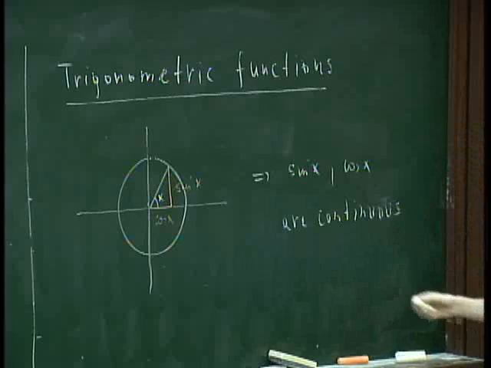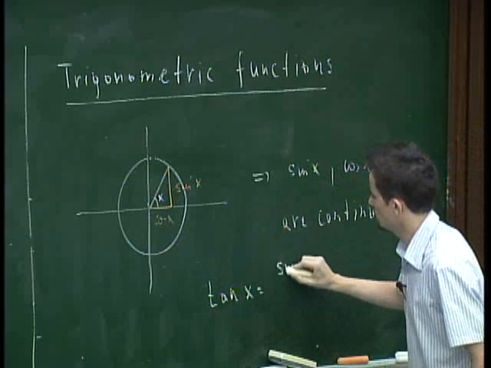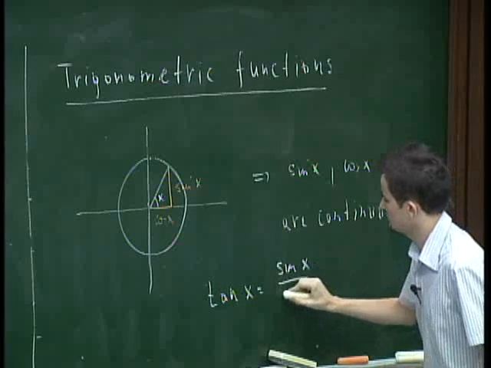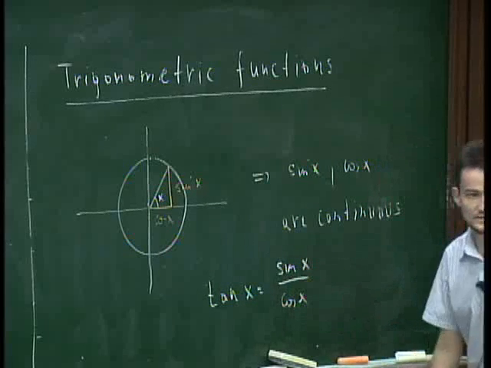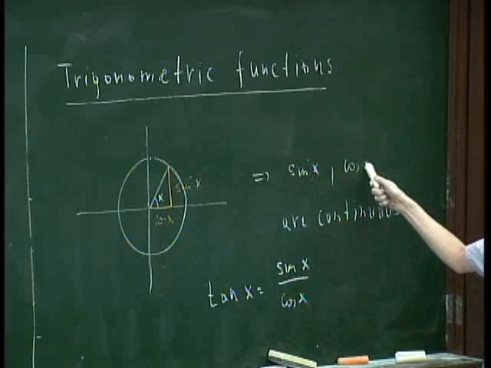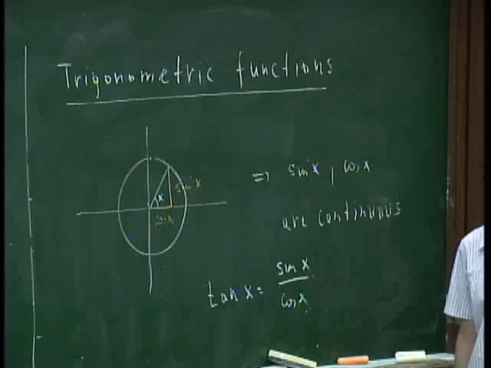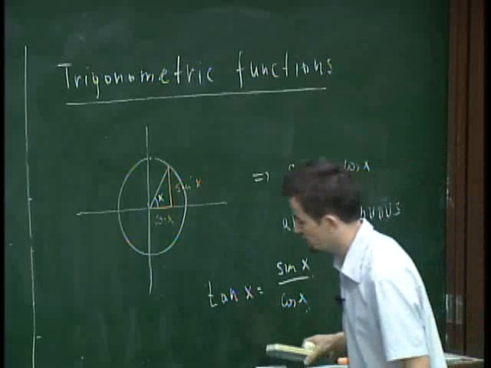Now for the tangent, you can already argue more rigorously. Namely, you know that the tangent of x is the sine of x over the cosine of x. Since you know that sine of x is continuous, and cosine is continuous, this will be continuous as well, except if the denominator is equal to 0, where the function is not defined.